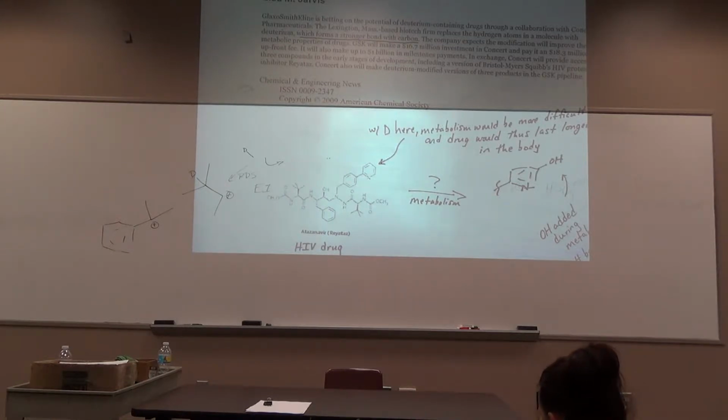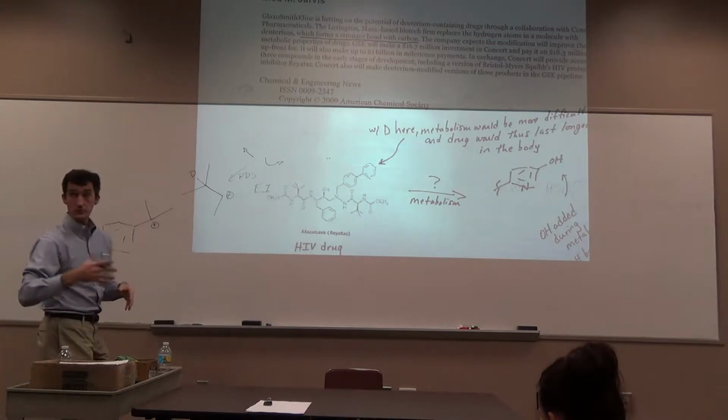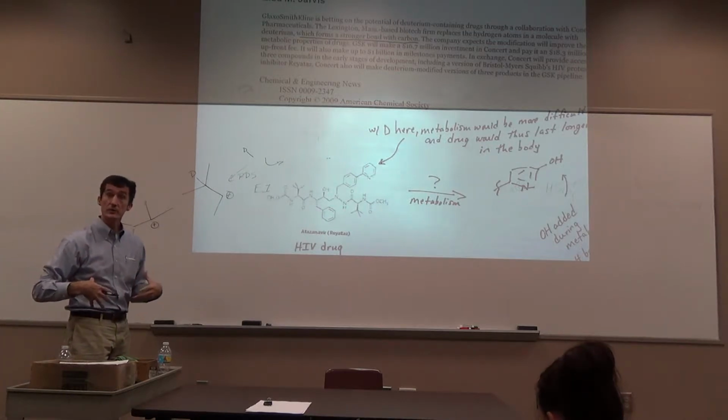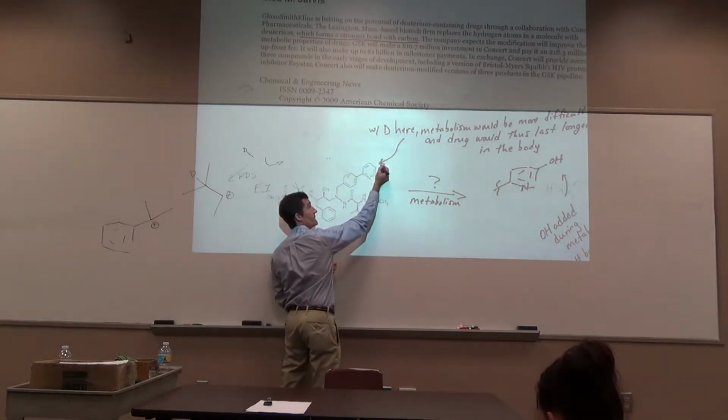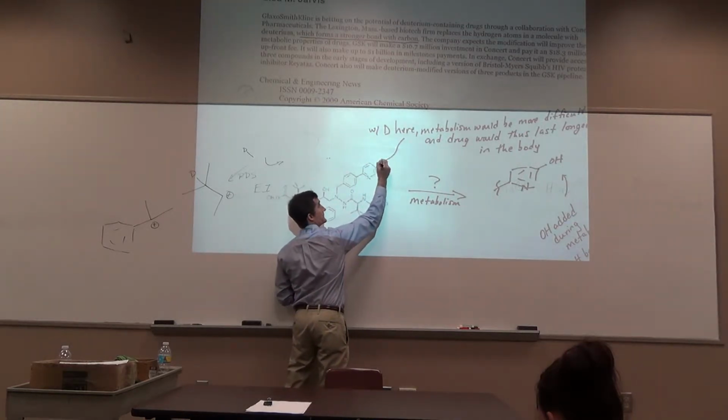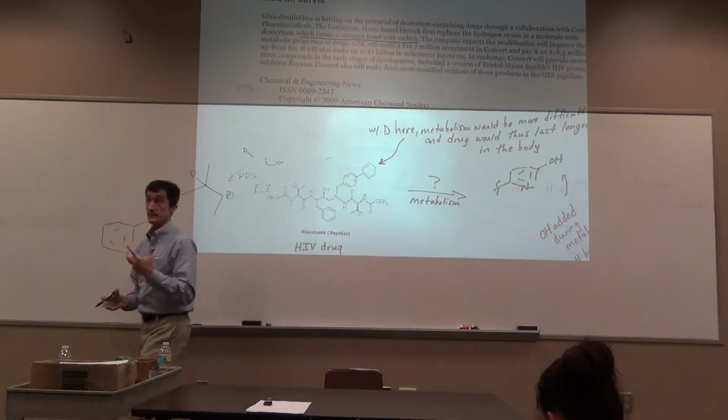So okay. Well, if you want to extend the half-life, make the drug last longer in the body, you'd like to keep that from happening. How can you keep this from happening? What if we replace this with a D? It's going to make the bond stronger.